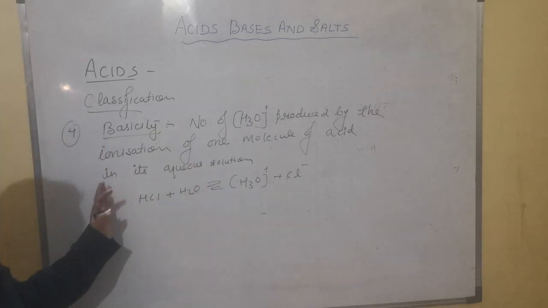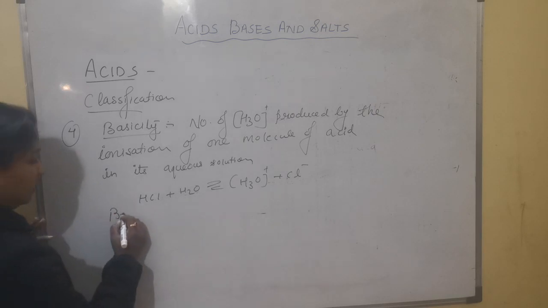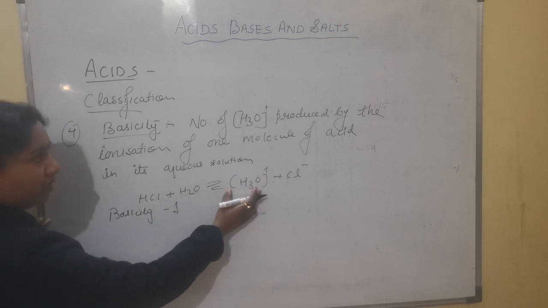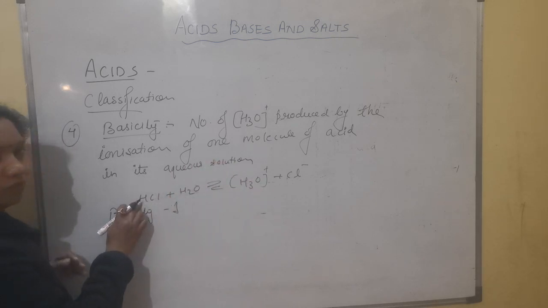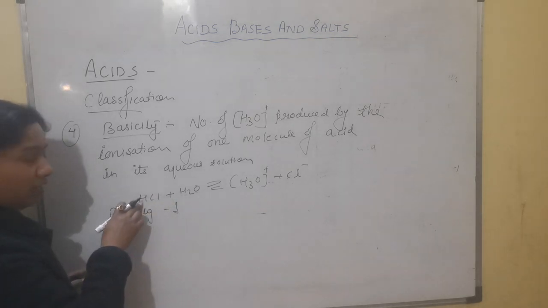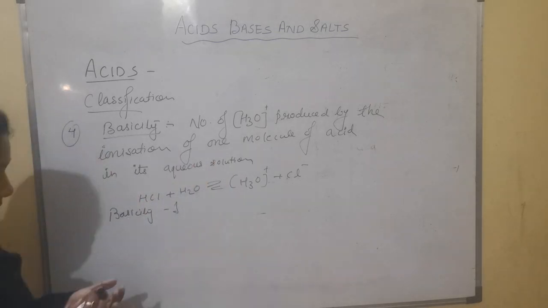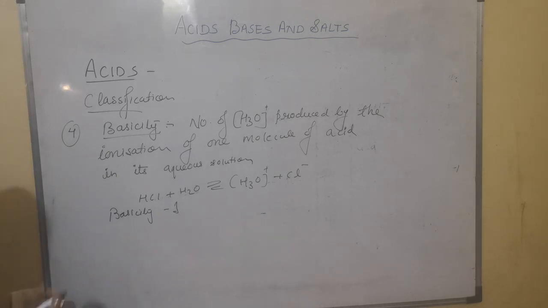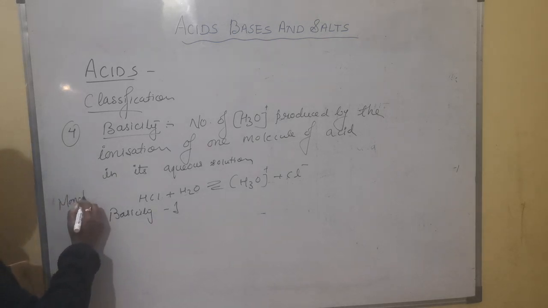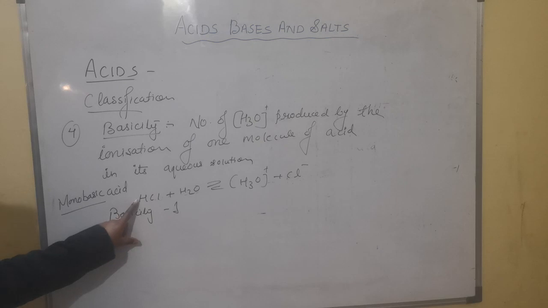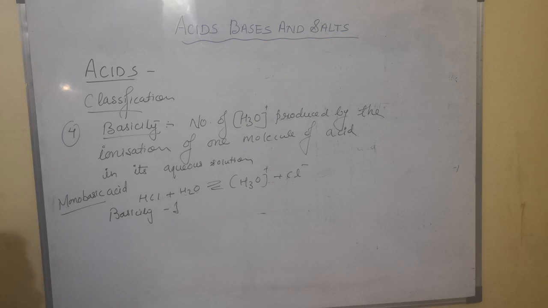So we can say that its basicity is 1, meaning the number of hydronium ions produced by the ionization of one molecule of acid in its aqueous solution is one. So it is an example of a monobasic acid. Hydrochloric acid is an example of a monobasic acid.